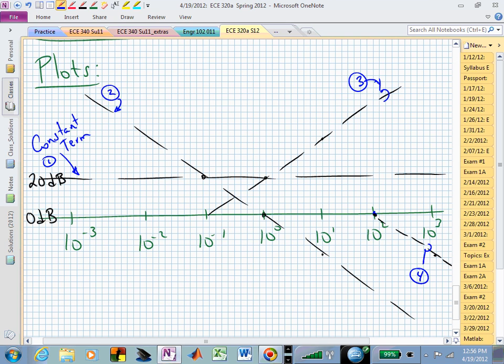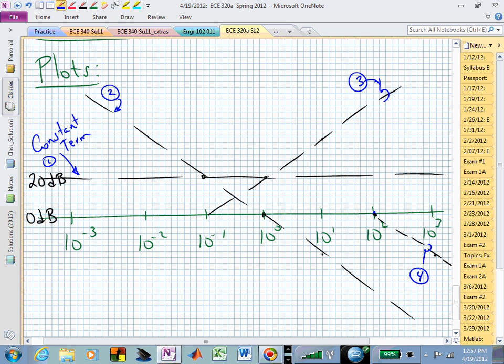Now I have all of these individual pieces sketched or indicated on my diagram. What I need to do is, at each frequency, look at the vertical line, and on that vertical line, add up all the pieces that are occurring at that frequency. Meaning, if I have this sloping line due to the pole at the origin, everywhere I'm going to adjust every point by 20 dB because of that constant.